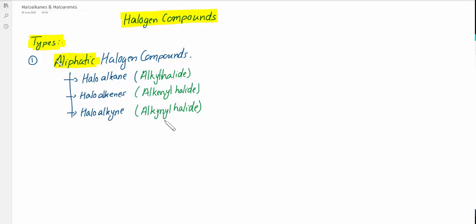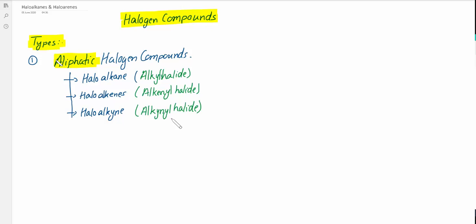Haloalkanes are again classified as fluoro, chloro, bromo or iodo compounds according to the type of halogen present. And then there is again a division, whether it is monohalide, dihalide, trihalide or tetrahalide.